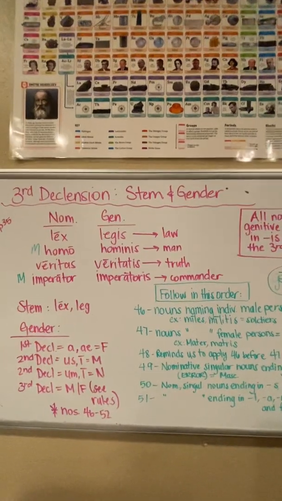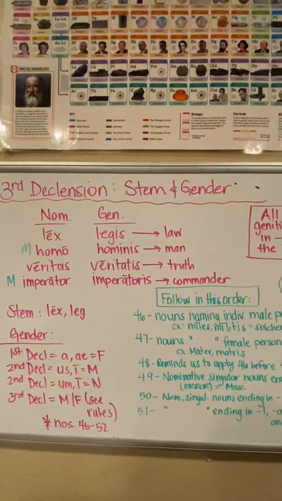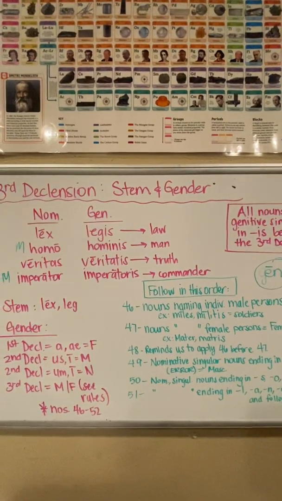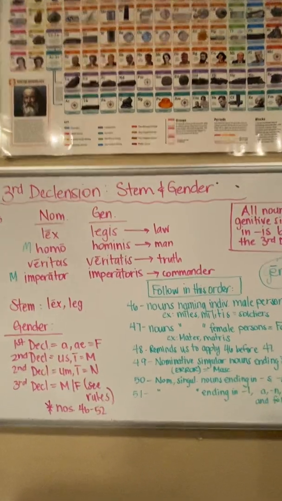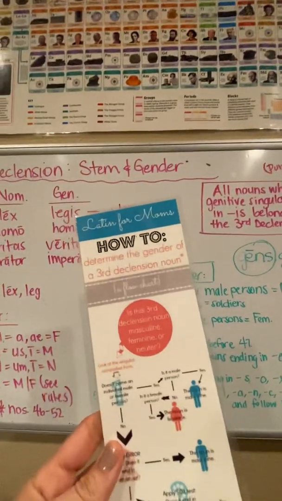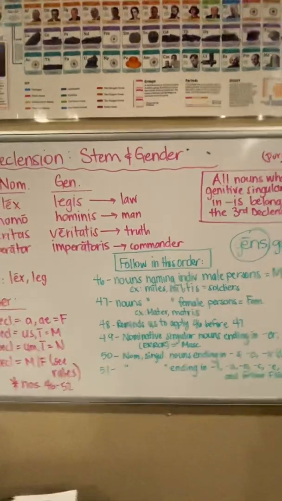So I don't believe you'll hit ones you'll have to label just yet, but that's just a quick down and dirty, how to find the stem, how to determine the gender using the rules that are given, and a fun little bookmark flowchart to help you do it. Happy translating.